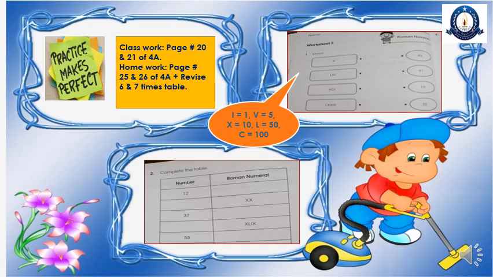Now come to page number 20. Match the columns. You will match Roman numbers with Arabic numbers. Before doing this, revise the letters: I is equal to 1, V is equal to 5, X is equal to 10, L is equal to 50 and C is equal to 100.